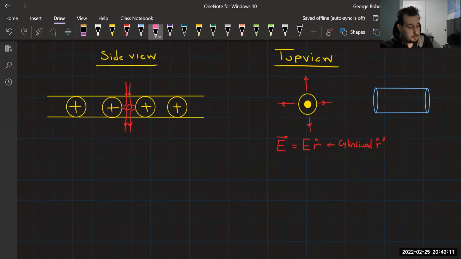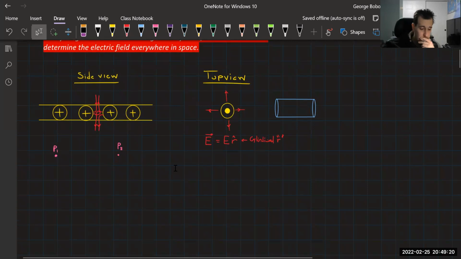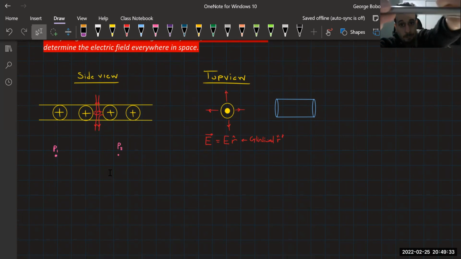What about the strength? Well, if you're at point 1 versus point 2 right now, I want you to understand that you literally see the same picture of the line because it's infinite. Let me explain. This is your line, okay? You see that it extends outside the camera? So if you're here versus here, you see the same thing.